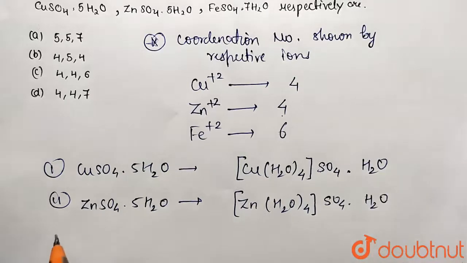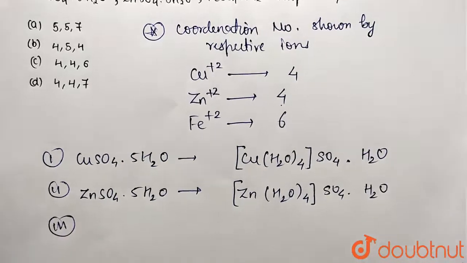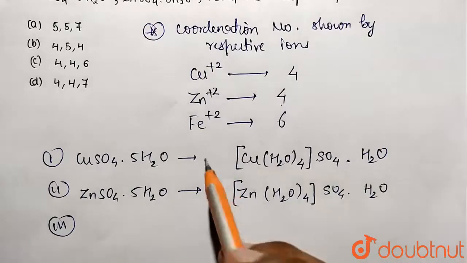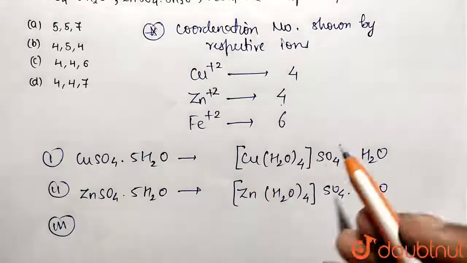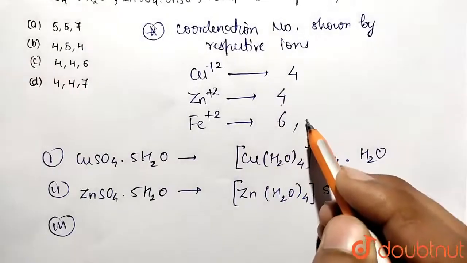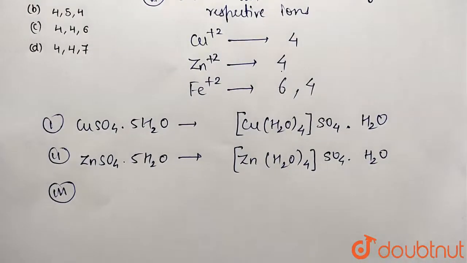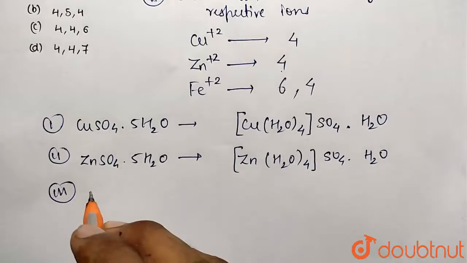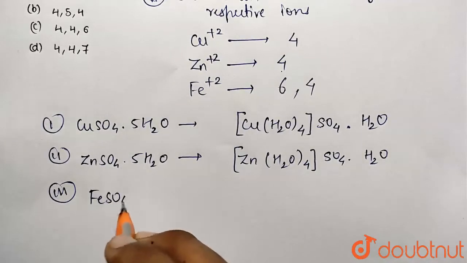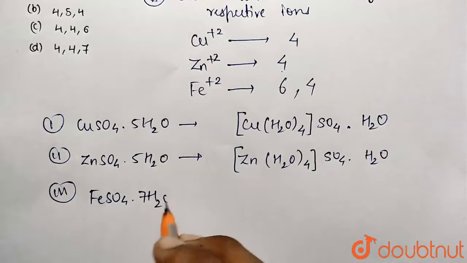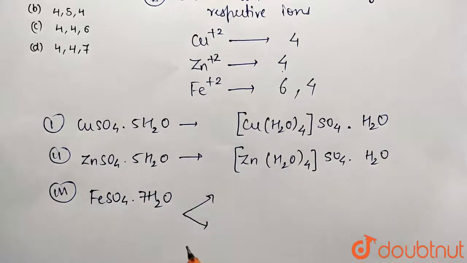Now we go with the third one. Iron can show both coordination numbers, 4 as well as 6, so we can write both compounds that will be formed. First we write FeSO4.7H2O. It has 2 types of formation.